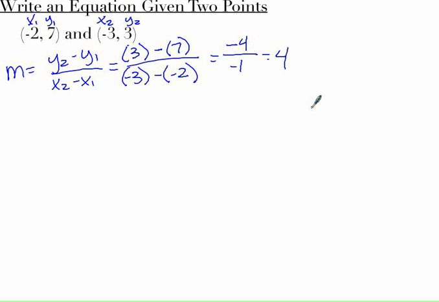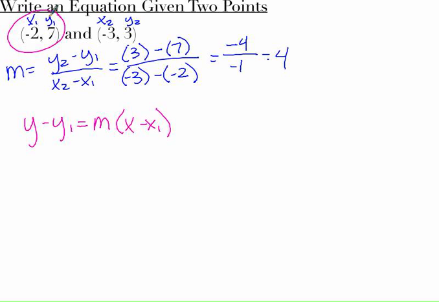And then from there, I could go ahead and use the point-slope form again, which I find to be pretty easy because, again, once we simplify it, it'll give us a nice equation in slope-intercept form. So using this, we said that the point-slope form was y minus y1 equals m times x minus x1. So you can pick any one of these 2 points to be your y1 and your x1.